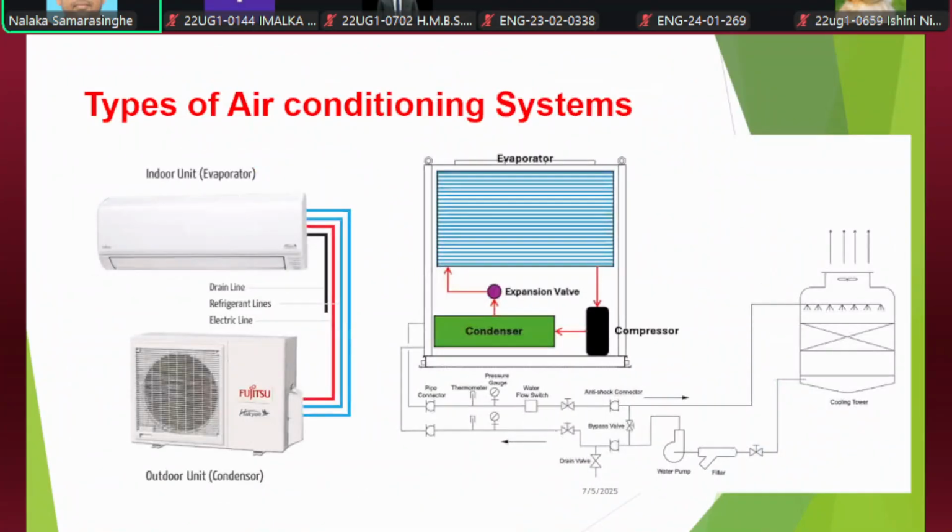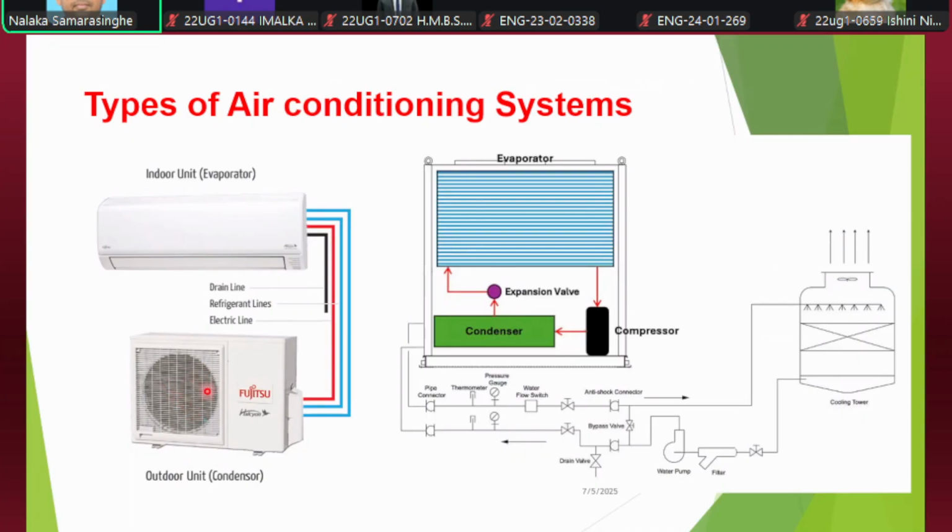So here this image shows you the basic components of a split type air conditioning unit. This is what we call the outdoor unit. We have a fan over here to blow air over the condenser unit. If you have gone close to one of these, you can feel the hot air that is coming out of this.